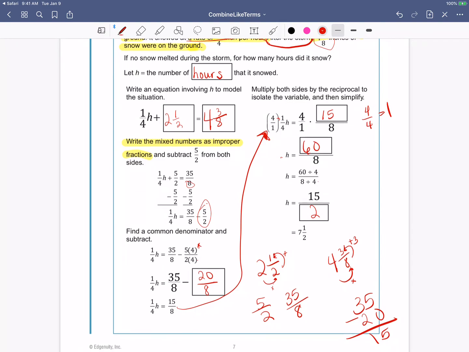If they don't, then don't worry, leave it as the improper. So 2 goes into 15 how many times without going over? That's 7. 2 times 7 is 14. So 15 minus 14 is 1. So 7 1/2. Right? And that's the exact same thing they got.